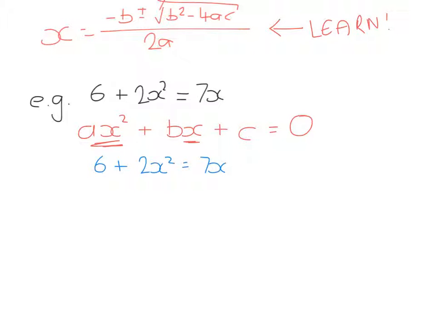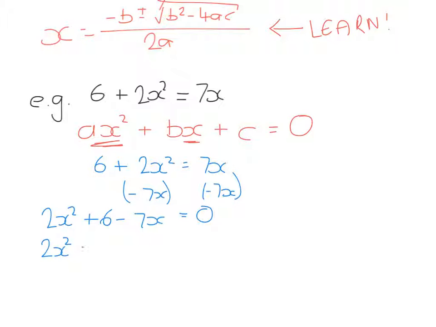First of all, I know I've got to have a 0 on the right hand side, so I'm going to begin by minusing 7x from both sides. So now I've got 2x squared plus 6 minus 7x, and that's equal to 0. And then I can see that my numbers on the left aren't quite in the right order yet, so I'm just going to rearrange the order of them.